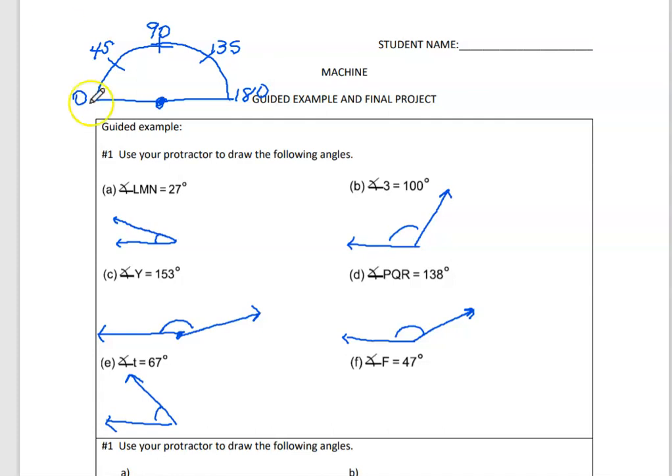So we would start at 0 and go a little bit over 45 to get us a 47. Okay, so something in here. And if you look at these two, they would look like they're almost the same. 67 needs to be a little bit wider than the 47, but these are just rough estimates of this protractor and how you would use it.